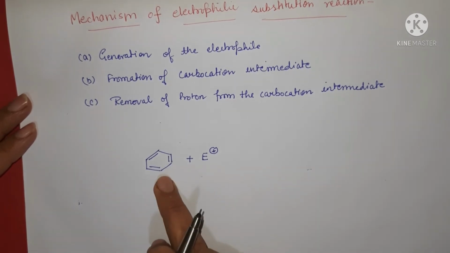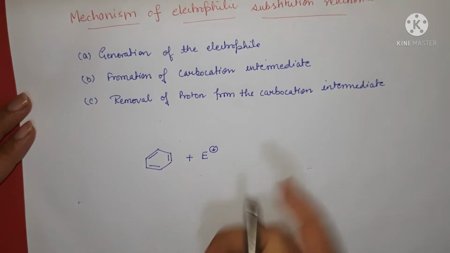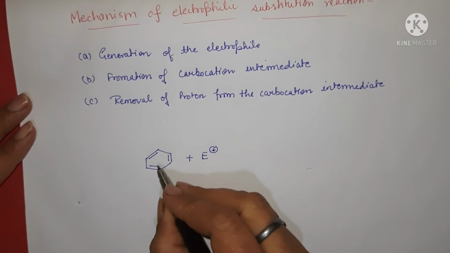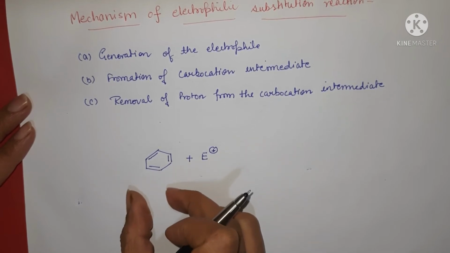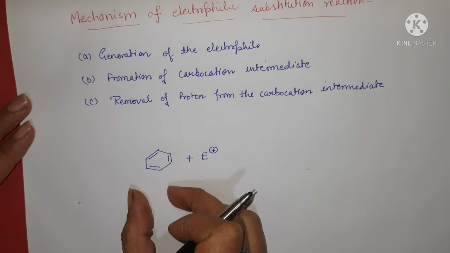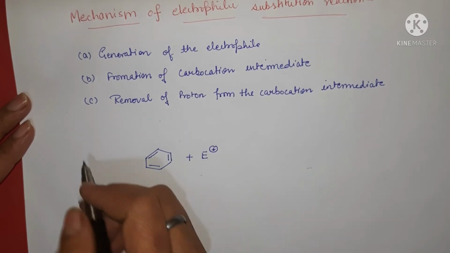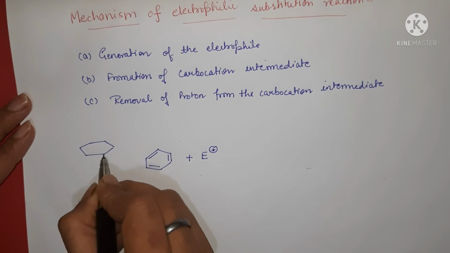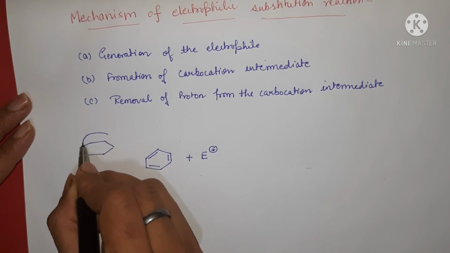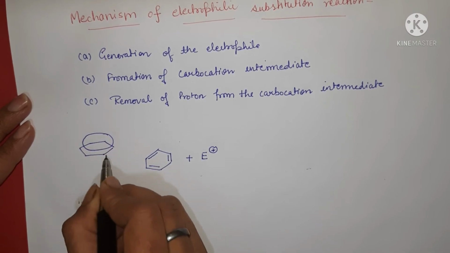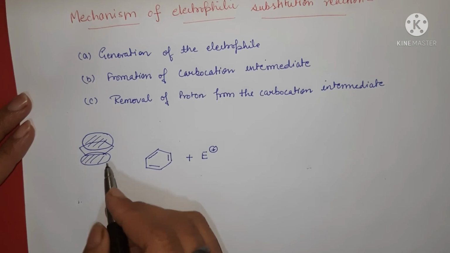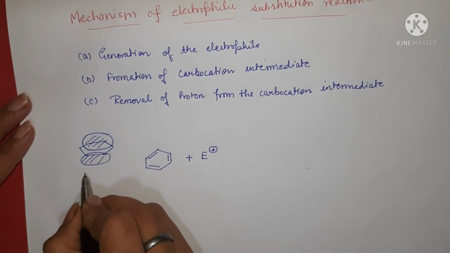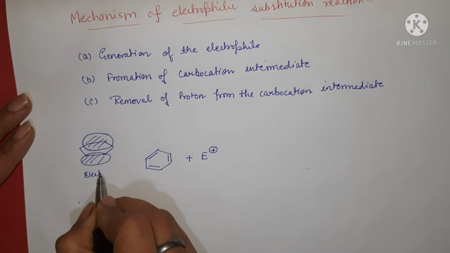And if it comes in contact with benzene, you know that the benzene is very rich in electron density. You have already studied that the benzene has an electron cloud above and below the ring, and this benzene is electron rich.